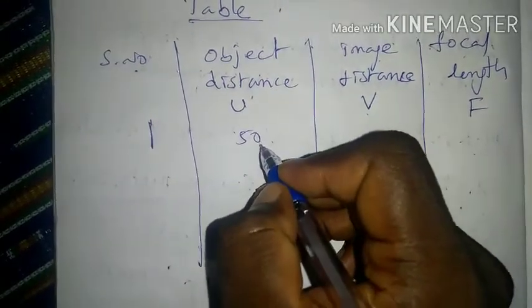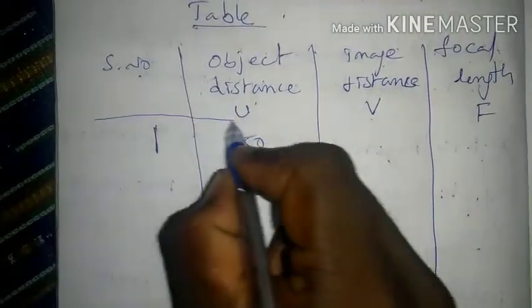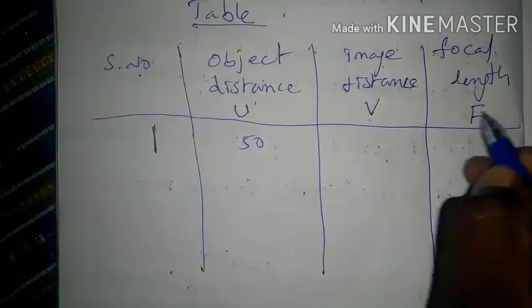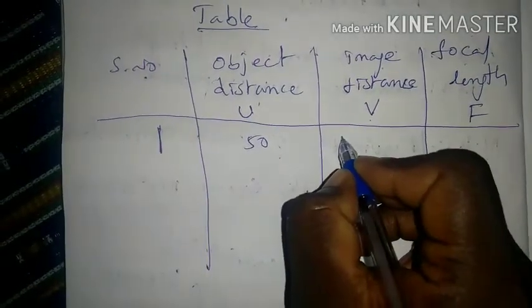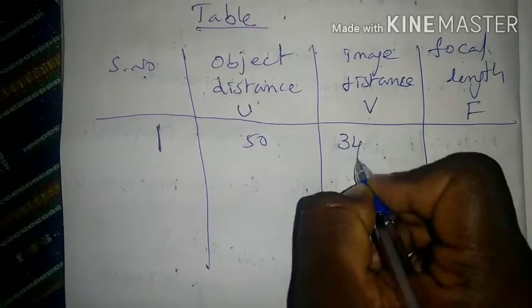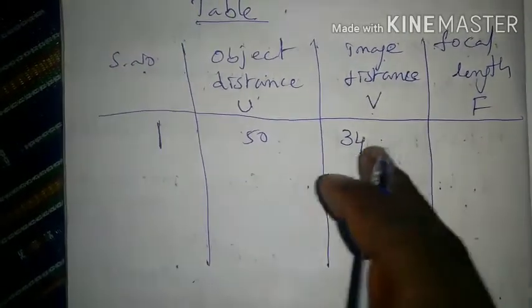Object distance 50. Okay, clear image exactly at 34 with the convex lens.